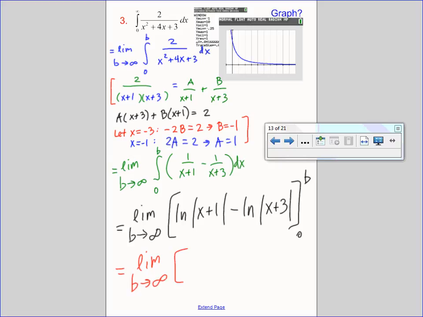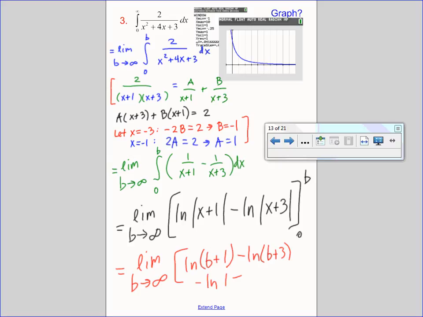So here we go. ln of b + 1 as b becomes infinite, this is going to be positive, so I'm going to drop the bars now. Minus ln of b plus 3. Minus ln of 1. Minus ln of 3.